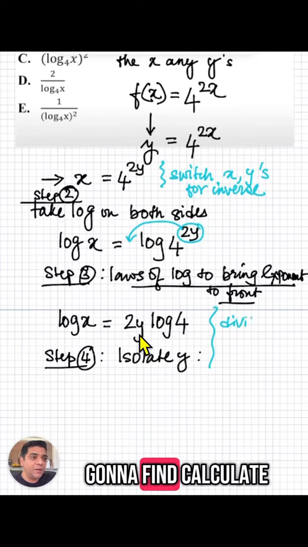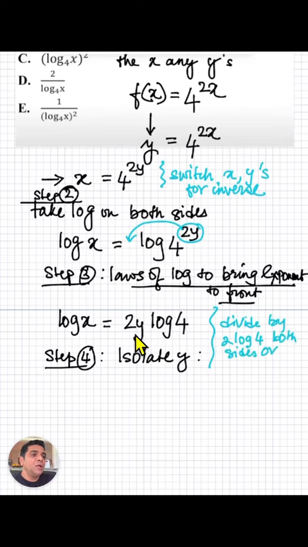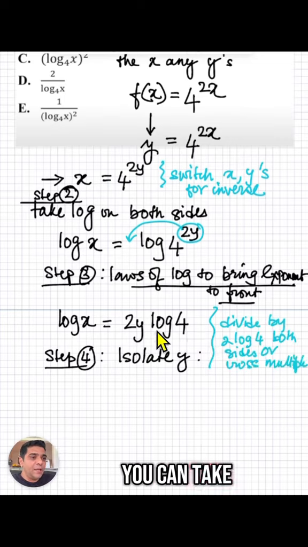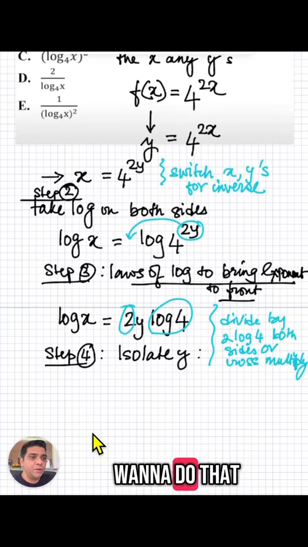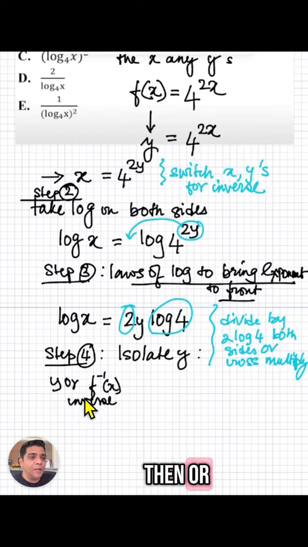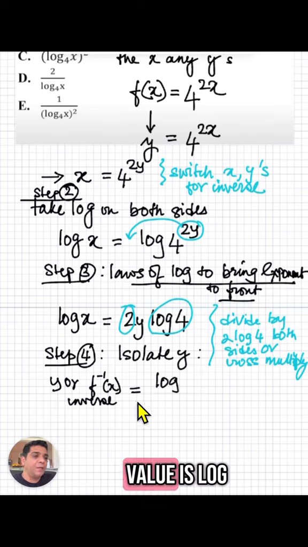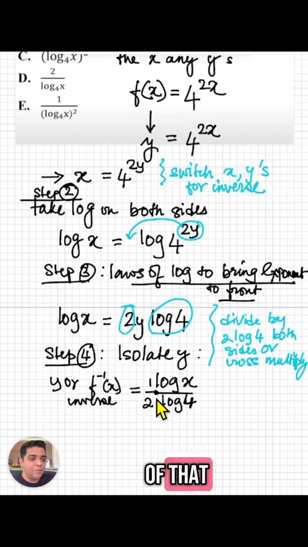That's how we're going to calculate the inverse. So we can divide the whole thing by 2 log 4, or you can take the log 4 and the 2 and cross multiply. Either way you want to do that. So the y value, or the inverse, is log x divided by log 4, and half goes in front of that, of course.